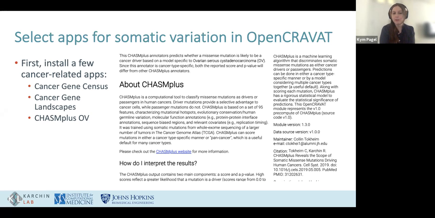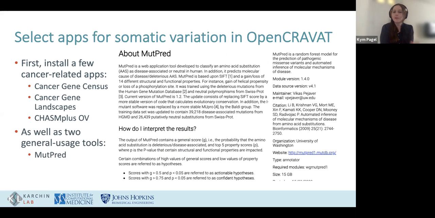And it has the added benefit of having multiple sub-methods within it that have been trained on particular cancer types. So I've written CHASMplus OV because it's the CHASMplus ovarian predictor that we can be using for this example. Very exciting. But we'll also include a couple of general use tools.